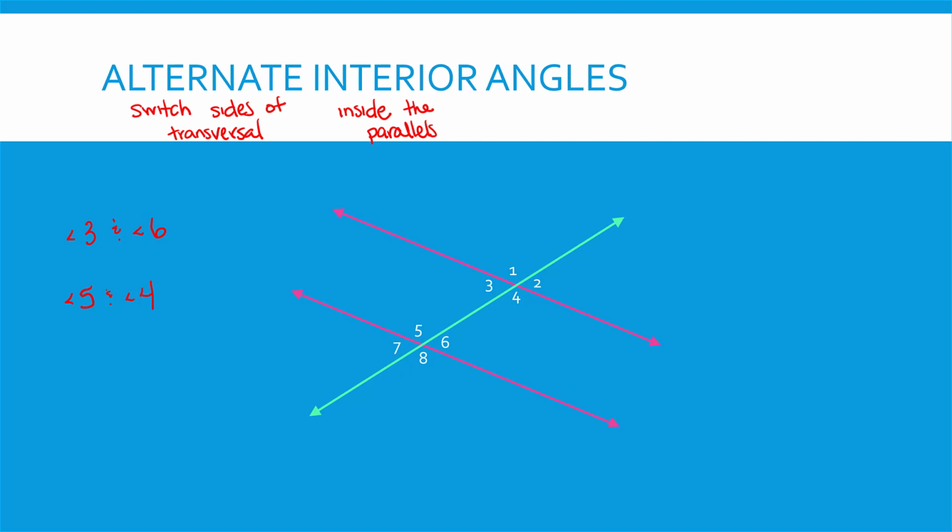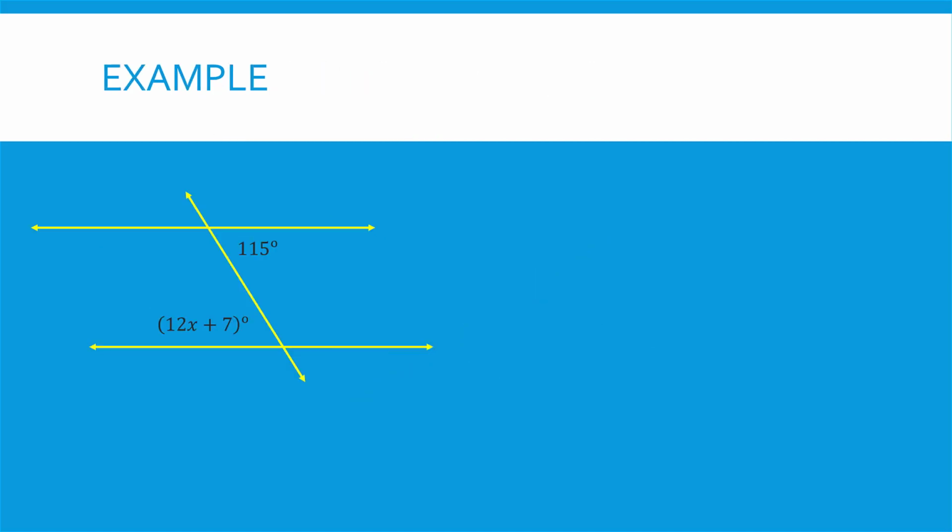Okay, so let's look at another example of what this means for us. Here we have two alternate interior angles. But what do I do with this geometrically or algebraically speaking? Again, if we take this top intersection and slide it down, we can see that this 115 degrees is going to move all the way down to that bottom right corner, and now it's a vertical angle with the 12x plus 7.